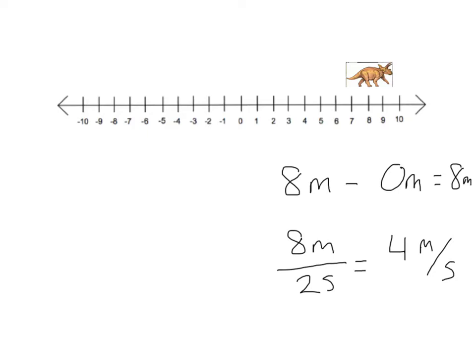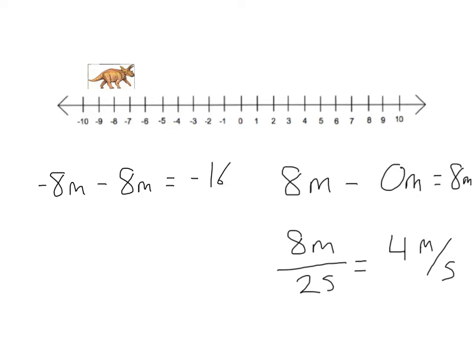Now if the Triceratops were to move from the 8-meter position to the negative 8-meter position, we could calculate that he had a displacement of negative 16 meters. His final position was negative 8 meters. His initial position, which we will subtract, was positive 8 meters, which means his displacement, or change in x, is negative 16 meters.